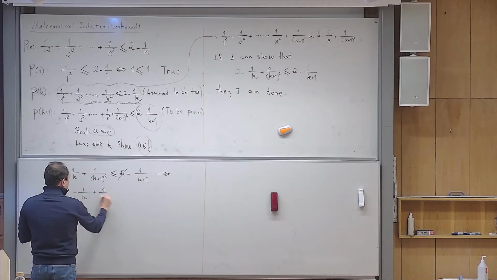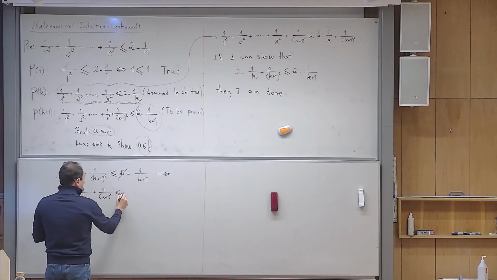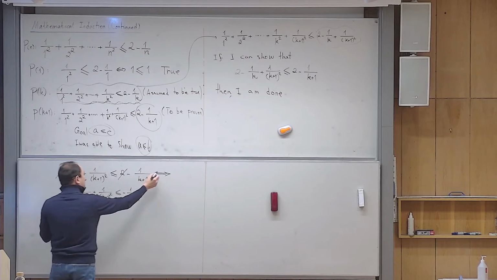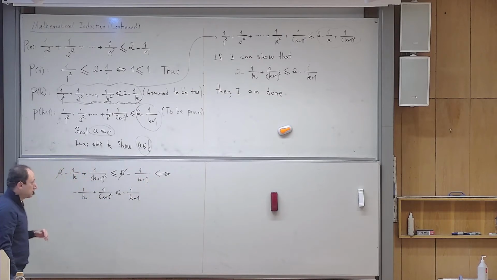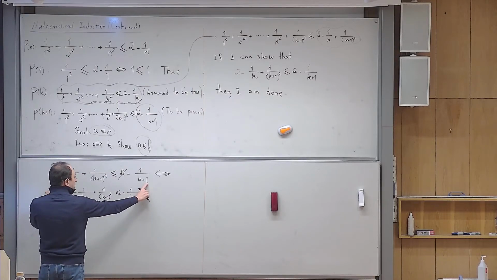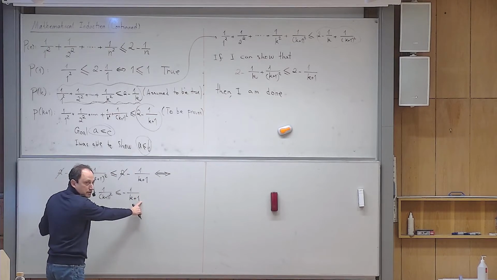And then I would have this less than or equal to minus 1 over k plus 1. Now tell me, is it a reversible action or not? I was able to go from here to here, still I can go back by adding 2, so that's reversible. So what does it mean? It means that as far as mathematics is concerned, there is no difference between the truth or falsity of that and the truth or falsity of that.